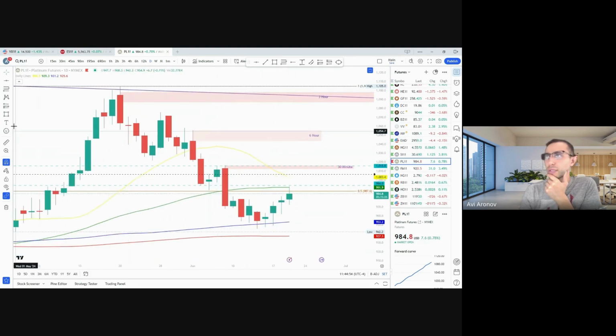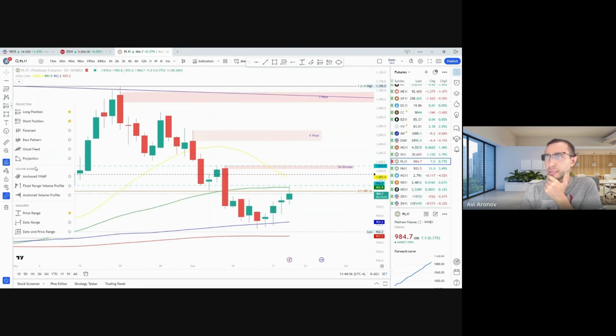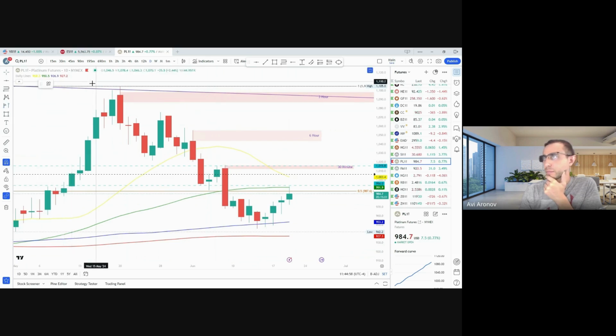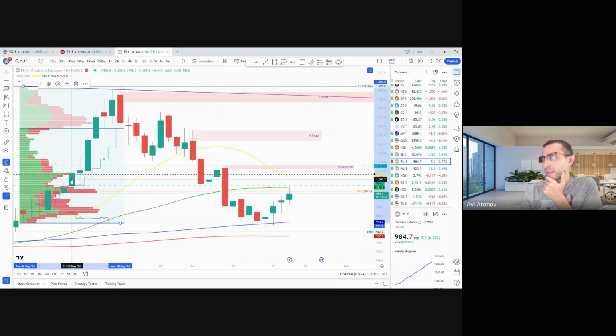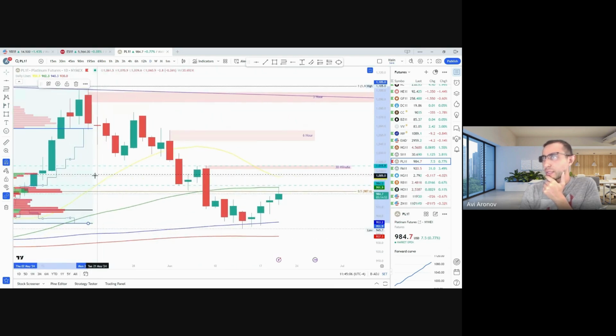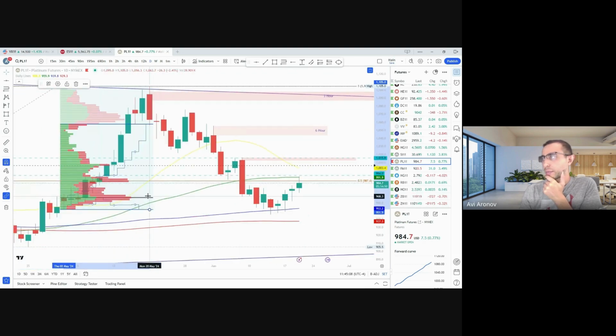And what you can also check, one more thing, is basically in which area we have the most range of selling. So in this range, we had way more selling.